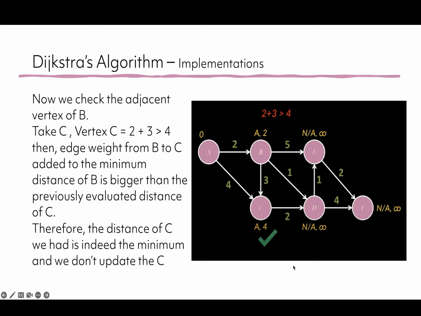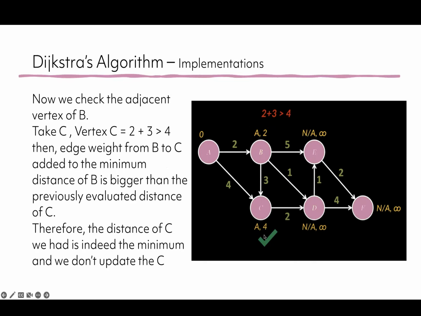Now we check the adjacent vertex of B. We take C. Vertex C: 2 plus 3 is 5, which is greater than 4.